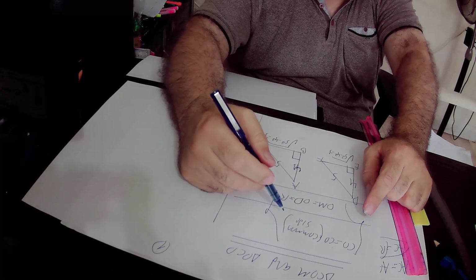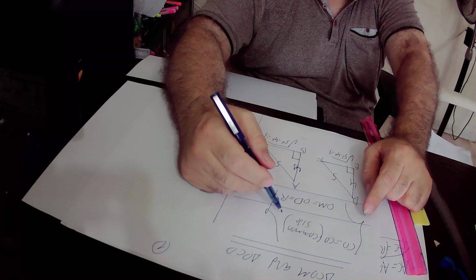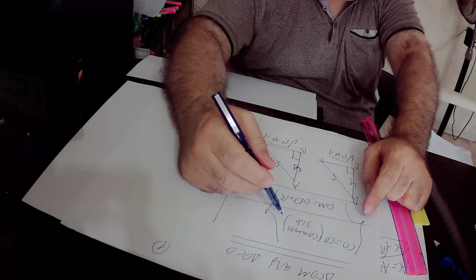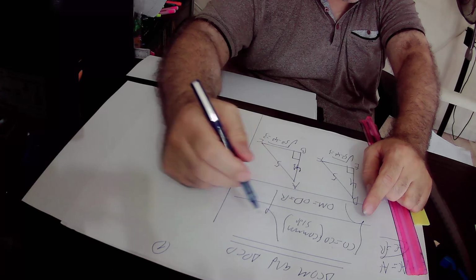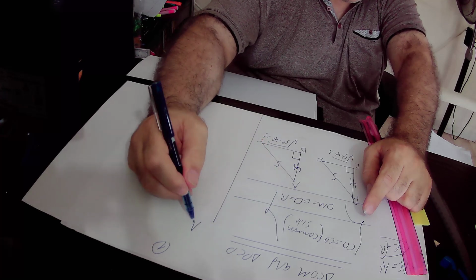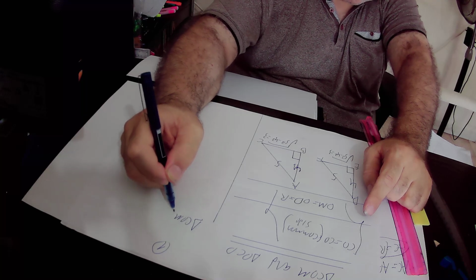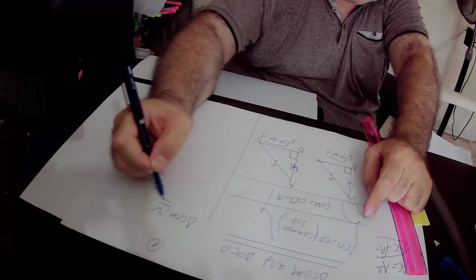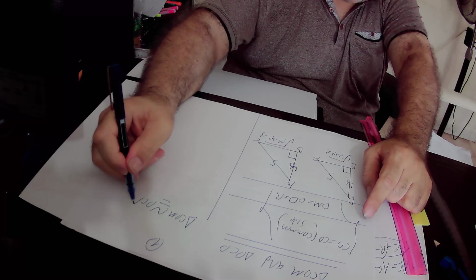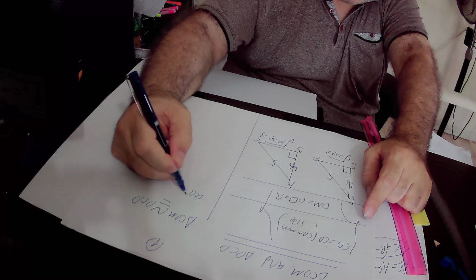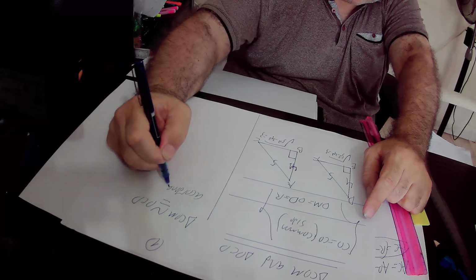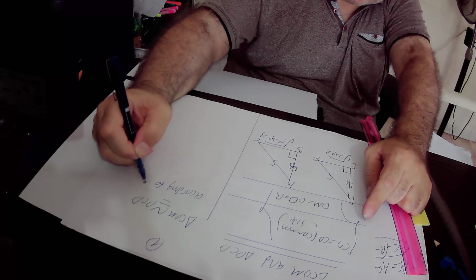Because the third side must also be congruent, therefore they are congruent to each other according to the side rule. So I write it down. Triangle COM, the right triangle, is congruent to the right triangle, triangle OCD, according to the side rule.